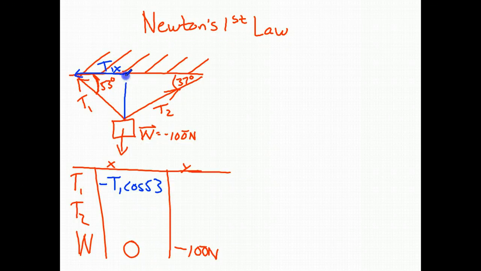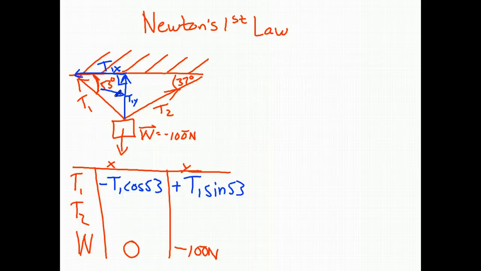The y is vertical, and that is positive because it's pointing up, T1 sine of 53. From our angle, T1y is opposite and T1x is adjacent. That's how we get cosine and sine.